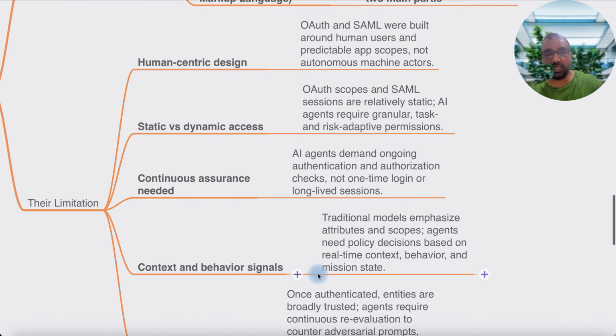The third limitation that these protocols have is continuous assurance. So AI agents demand ongoing authentication and authorization checks, not one-time login and long-lived sessions, which is what happens if you get a permission using OAuth and SAML. It's assumed that you are trusted, and then your permissions typically are not revoked.